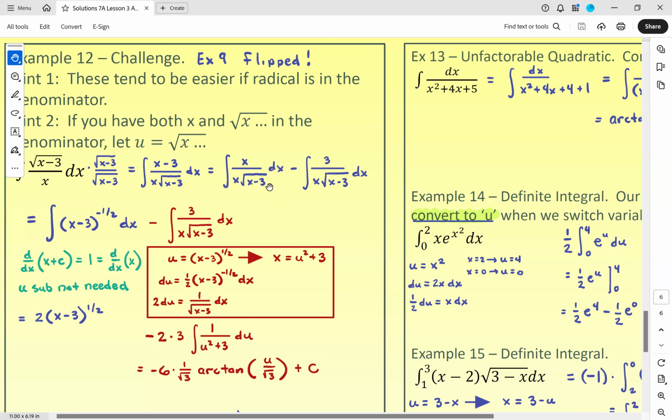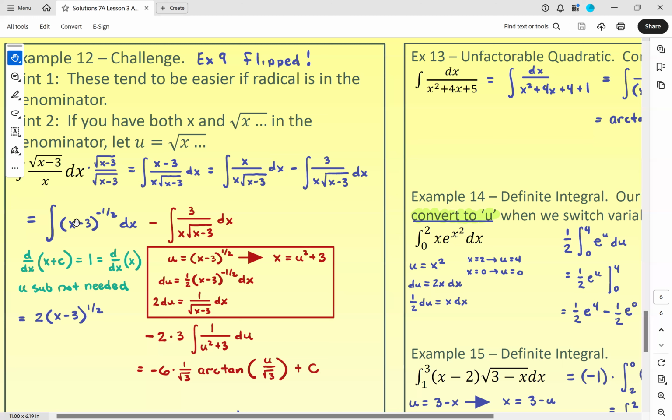At this point on, I'm going to color code these two integrals. The leftmost one I'm keeping over in blue. We get a nice cancellation of x's. I'm choosing to rewrite the radical in the exponential notation. But this first integral is actually really quick and easy.